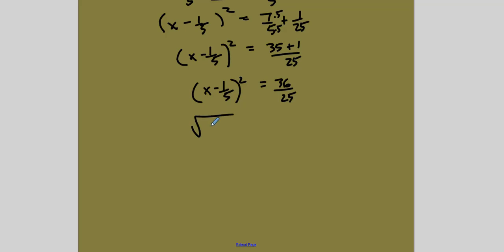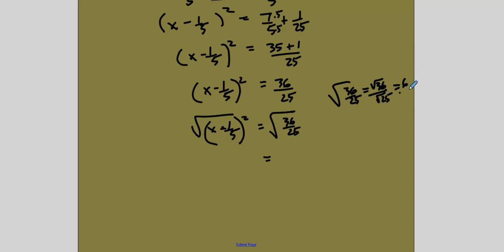Take the square root of both sides, and I have this now. Well, this is so simple, I'm just going to do it right now. That's the square root of 36 over 25, which I can write as the square root of 36 over the square root of 25, which is 6/5.